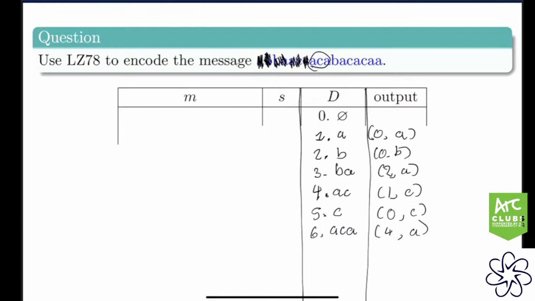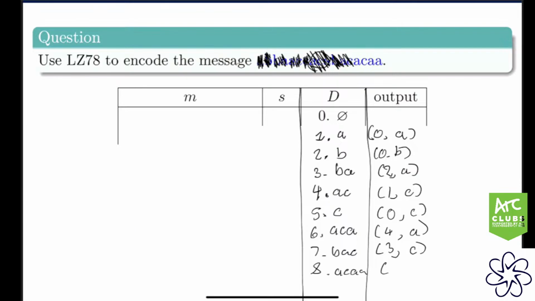We appended an A to it. 7 is just going to be, well, we have BA in our dictionary. We appended a C to it, so this is BAC. B's in our dictionary, so we have, is that BA? BA's in our dictionary, so that's 3, and we appended a C. 8 is going to be, well, we have ACA, and we append an A, so this is going to be ACAA.